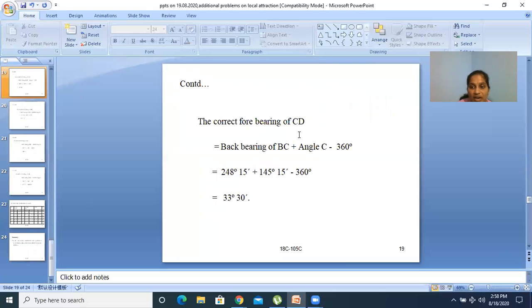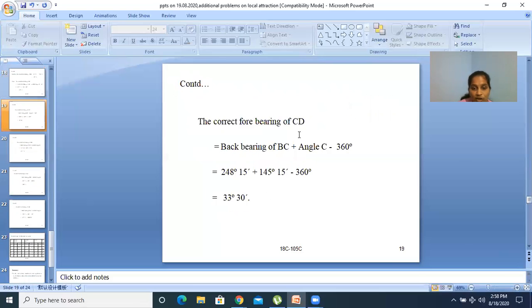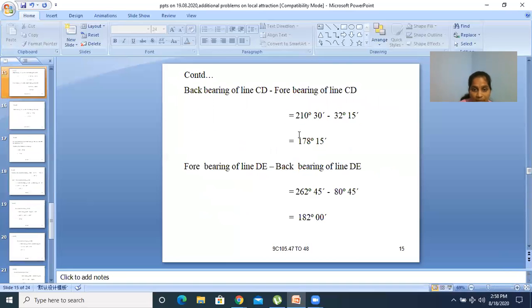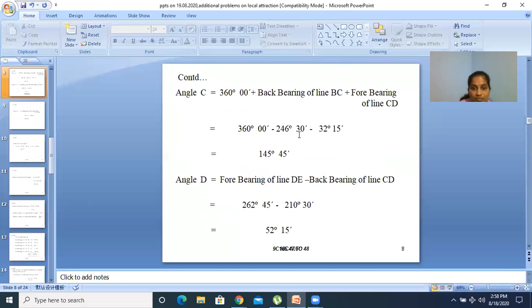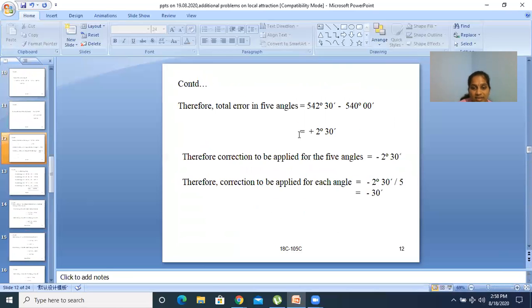Then the correct forebearing of CD line is equal to the back bearing of BC line plus angle at C minus 360. How can we get the back bearing of BC line?